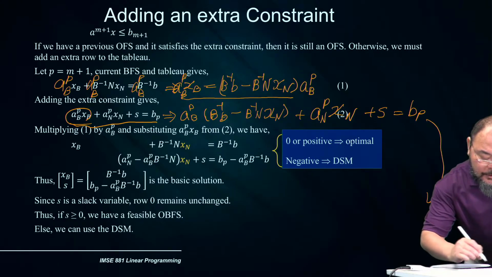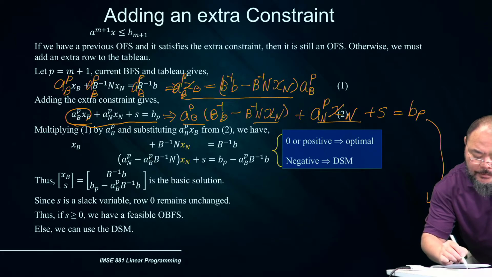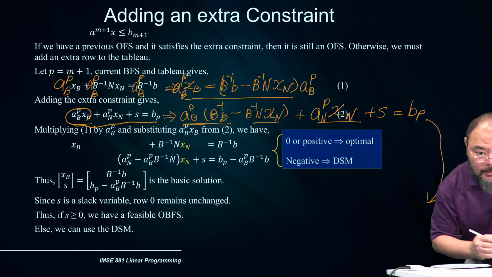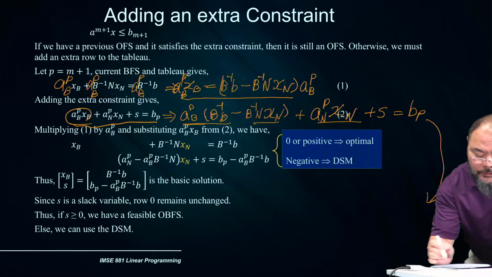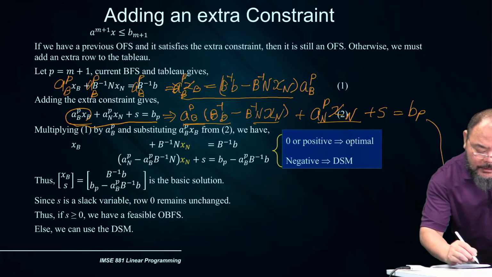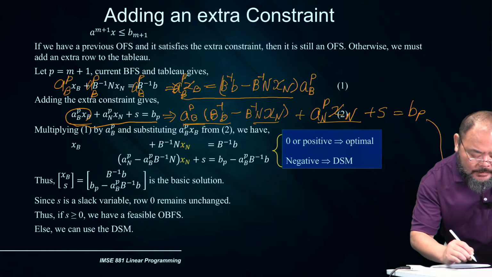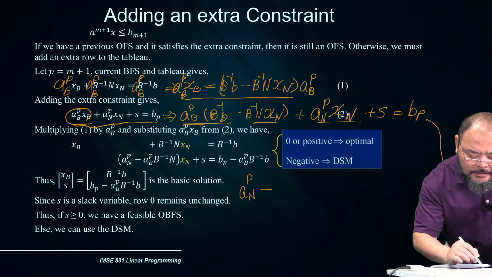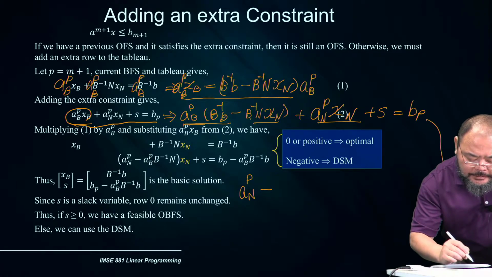So this will equal collecting the xN term and moving the constant to the right-hand side. So that will have a N p, which is this part, minus a B p times B inverse times N times xN.